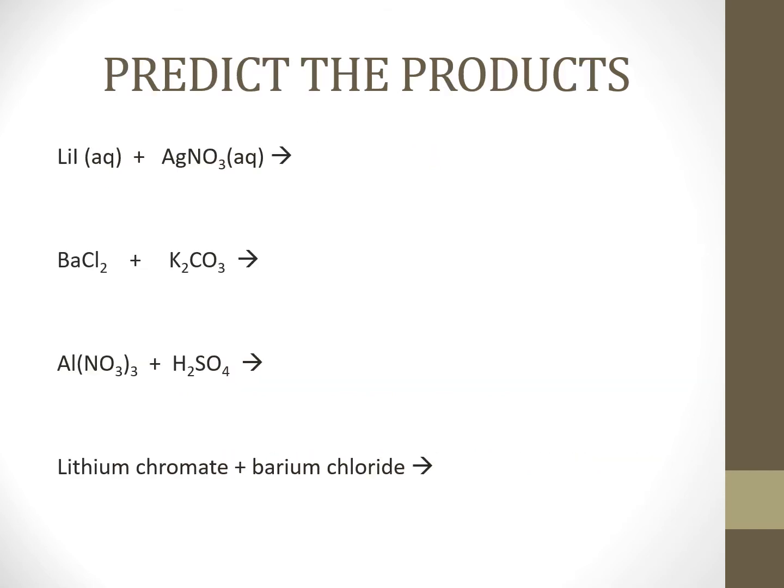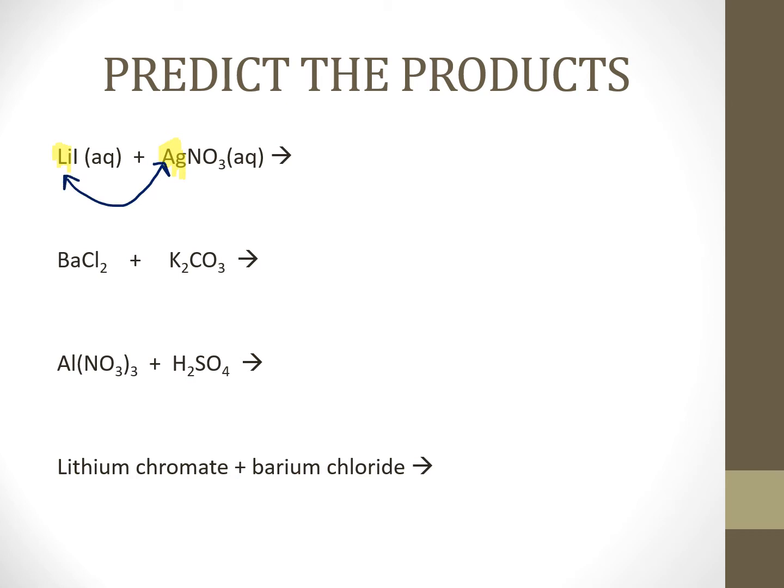All right, so we're going to practice predicting the products. I'm going to switch the cations because I think that's a little easier. But if you want to switch the anions, it's fine. You're going to come up with the same thing. So lithium iodide plus silver nitrate. Don't worry about the aq. So I'm going to change lithium and silver. Now again, be aware, there's no activity series or anything. We're just going to automatically assume they switch.